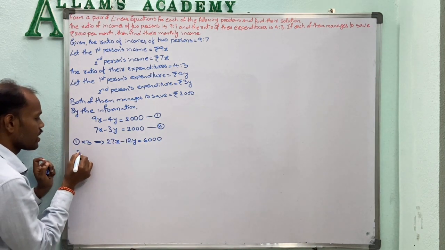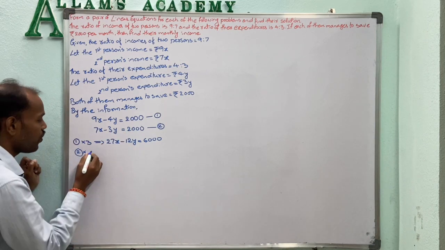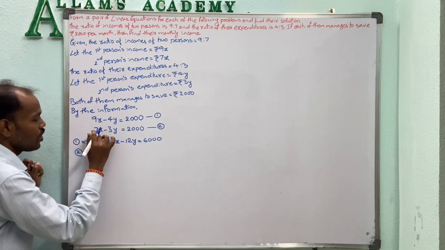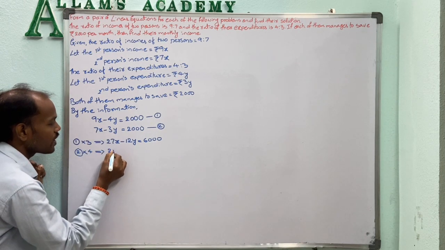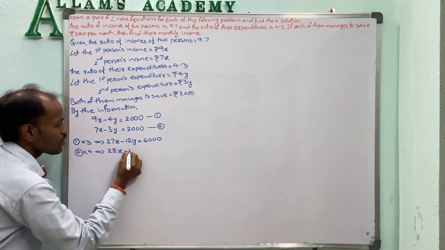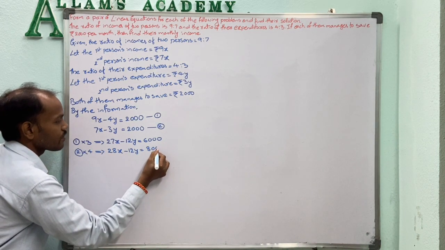Now the second equation is multiplied by 4: 4 7s 28, 3 4s 12 and 2 4s 8.